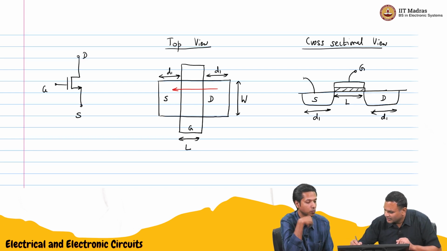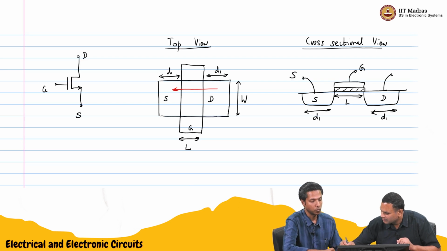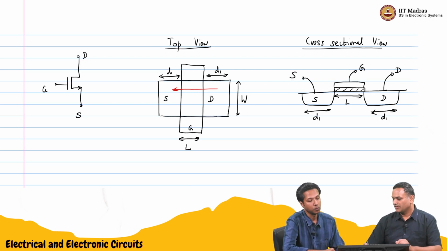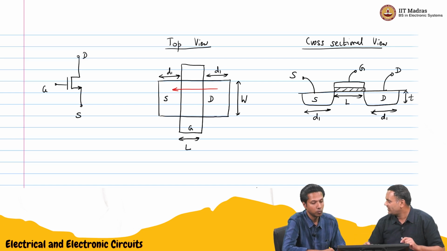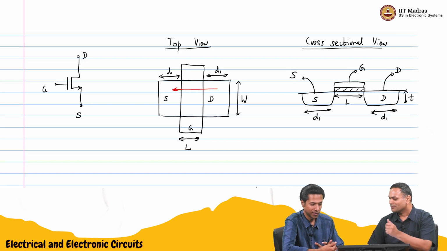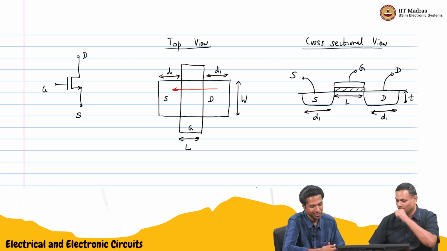Here I can have my source connection and my drain connection. This is the depth, maybe I'll call it T. You cannot see that in the top view. Likewise, in the cross section you cannot see the width of the device, because it's a horizontal dimension into the paper.